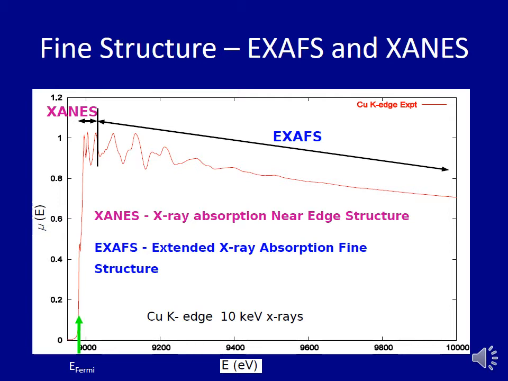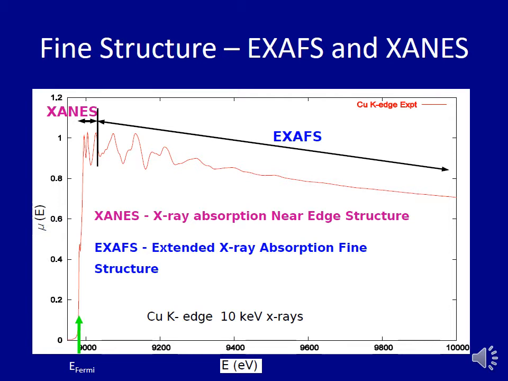And we've split this into roughly two regions: the X-ray absorption near-edge structure region, or XANES, which is from about the edge to about edge plus 30 or 40 eV, and the XAFS, or extended X-ray absorption fine structure region, which is everything beyond that.